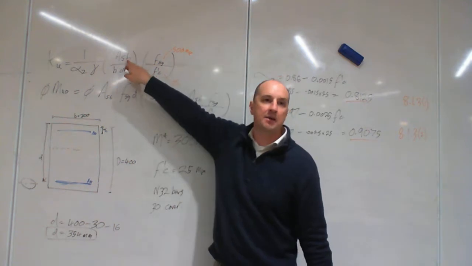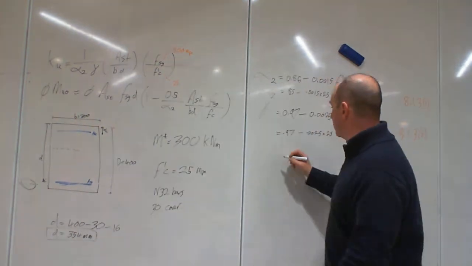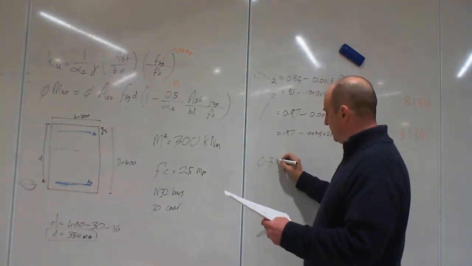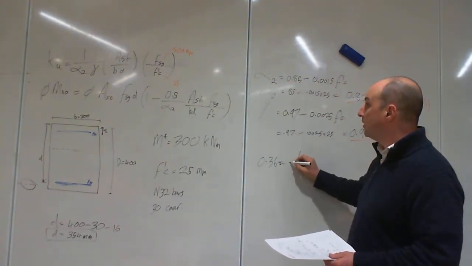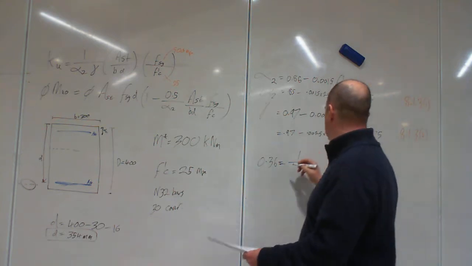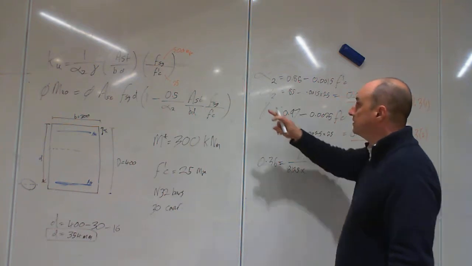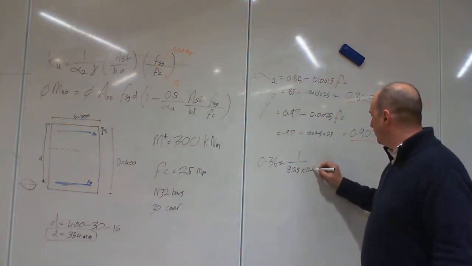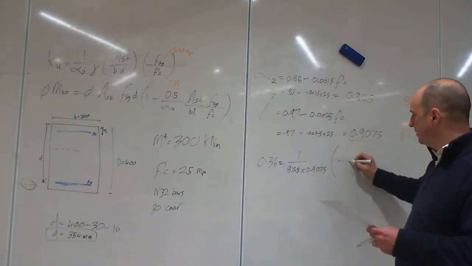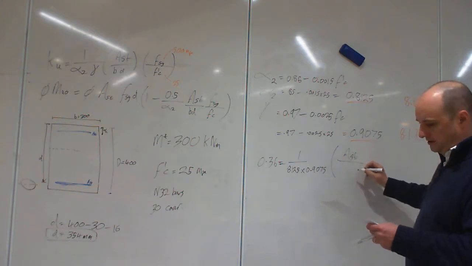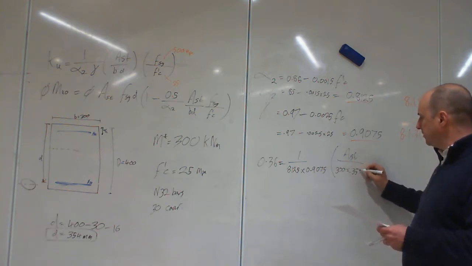What we're doing is we're trying to find out what's the maximum amount of steel. Okay? Then we'll put that into this equation. So our 0.36, just substituting into this equation now, equals 1 over alpha 2, 0.8125, times gamma, 0.9075, times the area of steel, which we're trying to find, divided by 300 times 354.